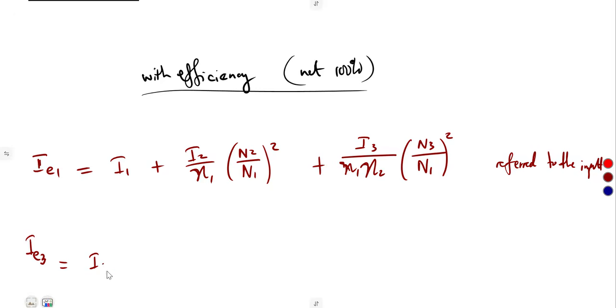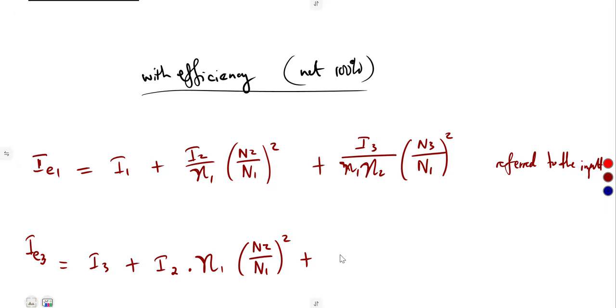So that will be I3 plus I2 times the efficiency. So you must consider the second one. All right, that's I2 times its efficiency. Okay, then this will be N2 as it is.